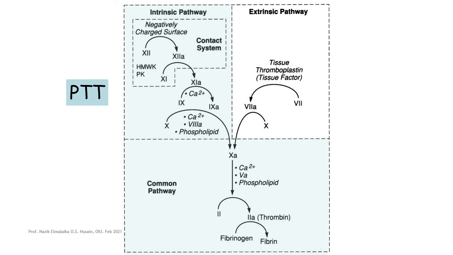So patients with disorders in factor 8, which is called hemophilia A, or factor 9, hemophilia B, have a prolonged partial thromboplastin time. The thrombin time reflects a disorder in the thrombin, which is factor 2, that converts the fibrinogen into fibrin that makes or stabilizes the clot.